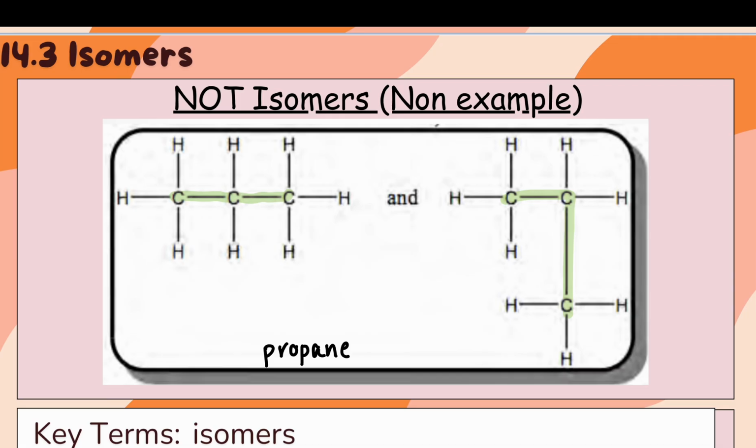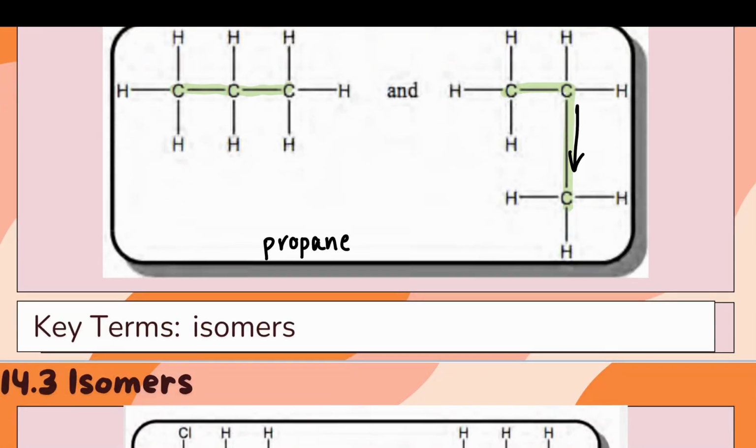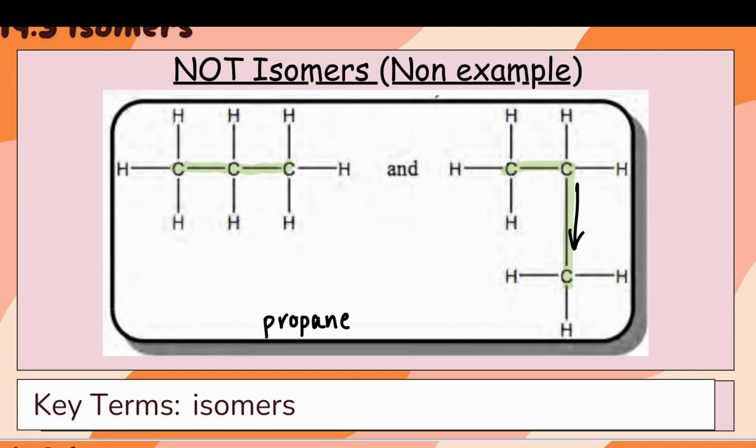Even though this one is written where this carbon just goes down, the carbons are all aligned, and all of those carbons have hydrogens. So this is a non-example, they would not be isomers because they are the same exact thing. They have the same molecular formula as well as the same structural formula. They have the same arrangement of their atoms.